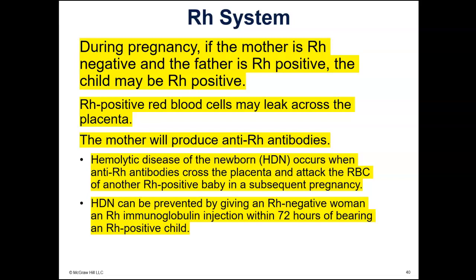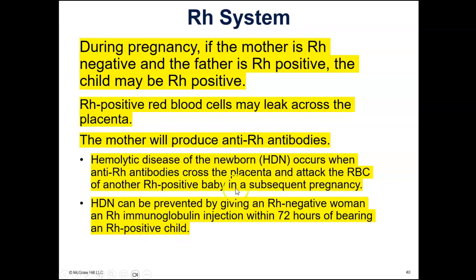For example, if it's a mother who's Rh negative and the baby is Rh positive, then the mother is going to be exposed to Rh antigens on the baby's red blood cells. That is the only time that the mother's immune system will start producing anti-Rh antibodies. So she's not going to build up enough of them to hurt the first child, but she'll have them in her blood and they can attack the second child.